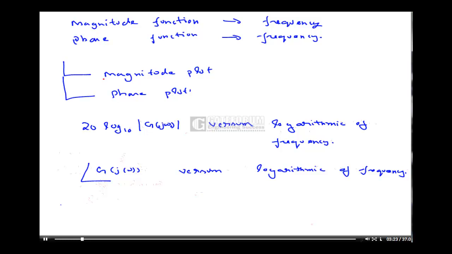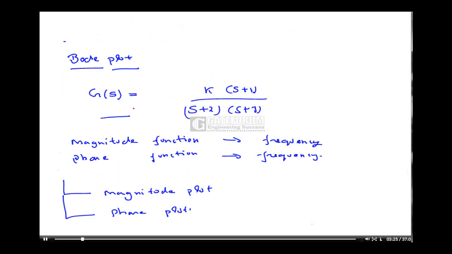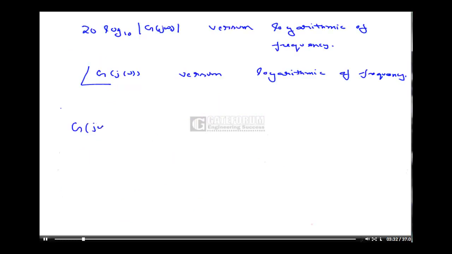Now see the problem, G(s) equals K times (s plus 1) upon (s plus 2) into (s plus 3), it is given. Now G(j omega) I can write as K times (j omega plus 1) upon (j omega plus 2)(j omega plus 3).